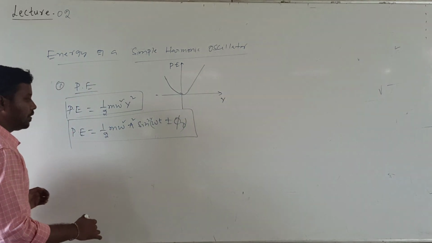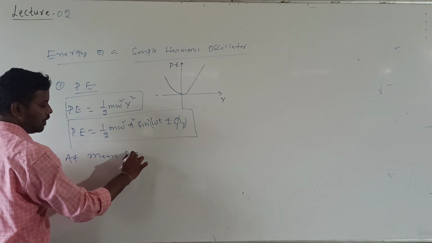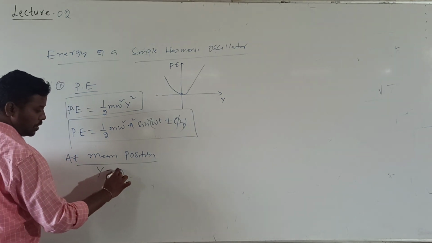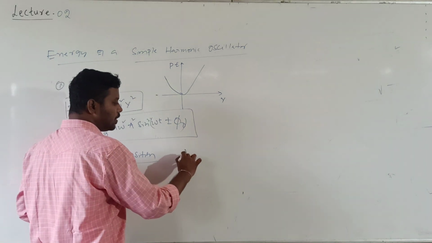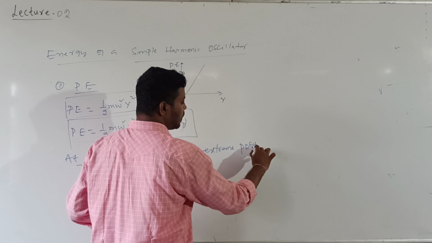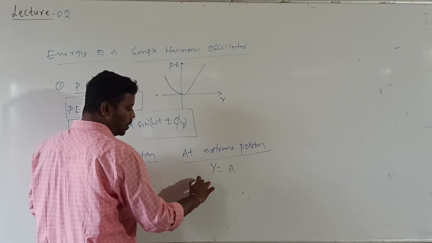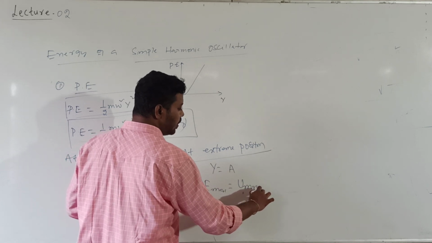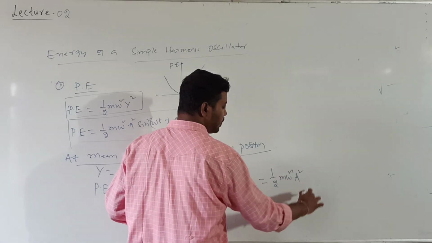At the mean position, y equals 0, so potential energy is 0. At the extreme position, y equals A, so potential energy is maximum. So U max is equal to 1 by 2 into m omega square into A square.